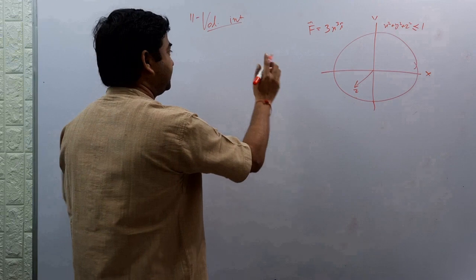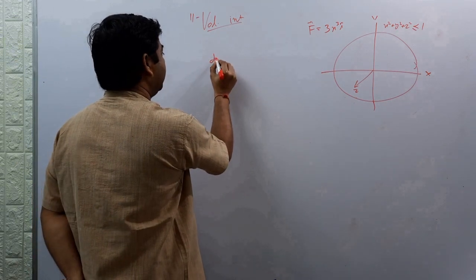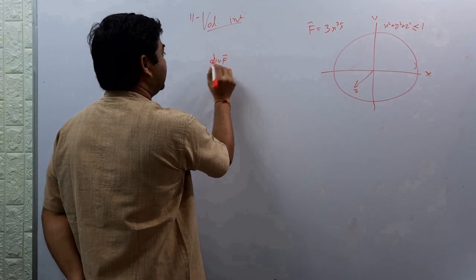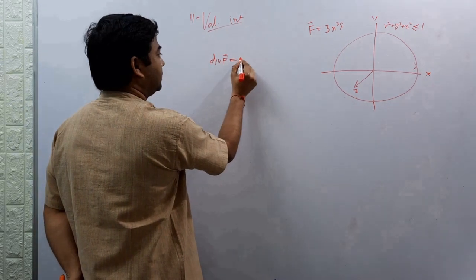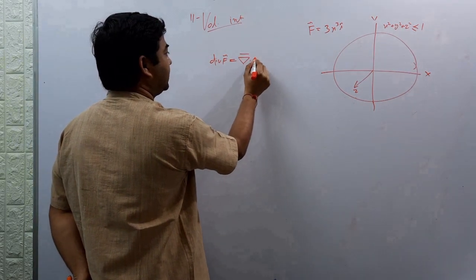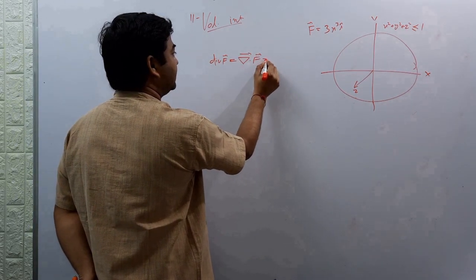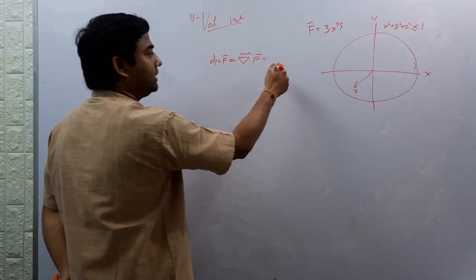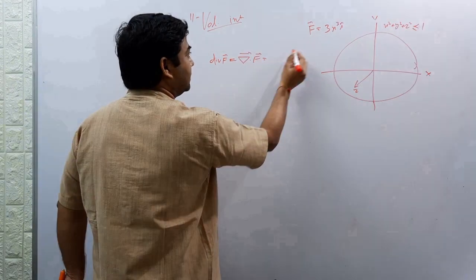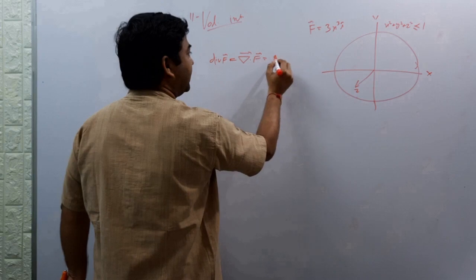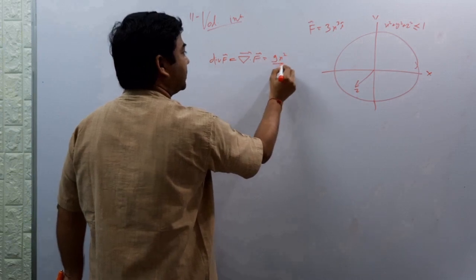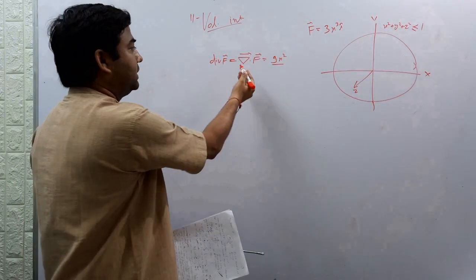First of all, we will find the divergence of f, that is del dot f, which is equal to, I am directly writing here, 9x square. You can find it by del dot f.